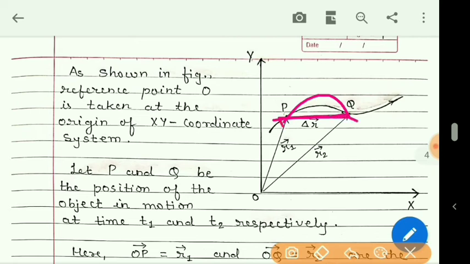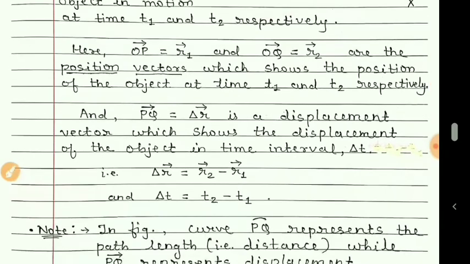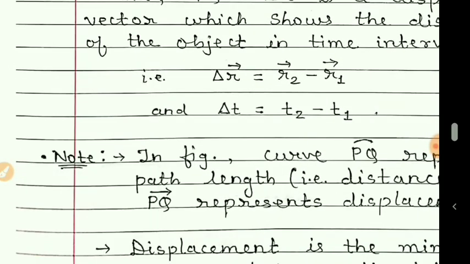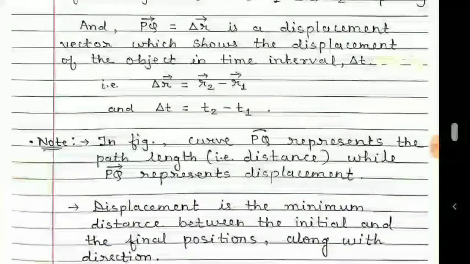If I say from P to Q this way, then this will again be a larger path, but the straight line path is the shortest distance, and that smallest distance is nothing but the displacement.